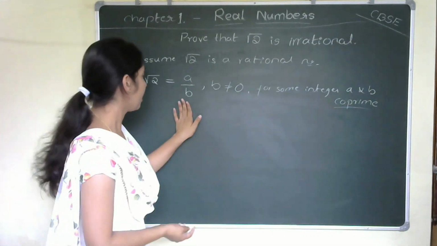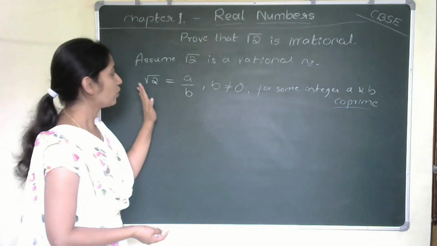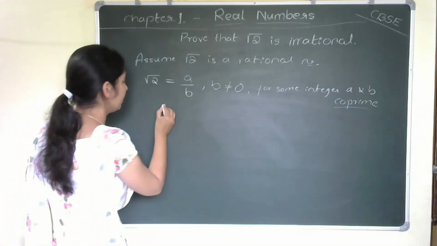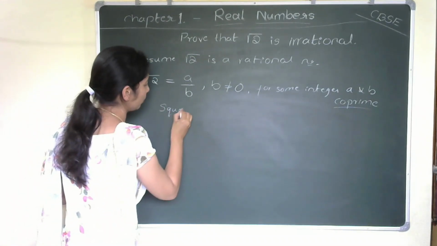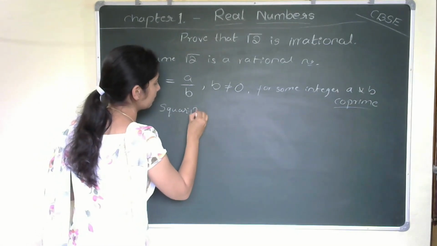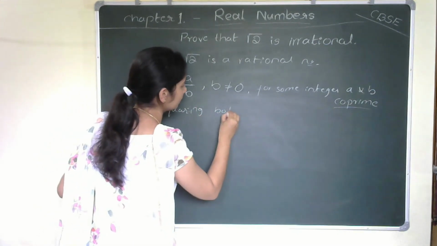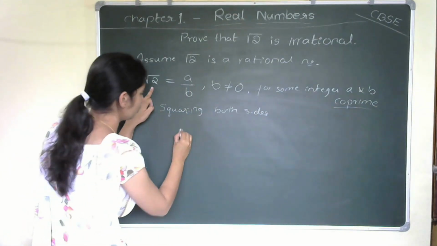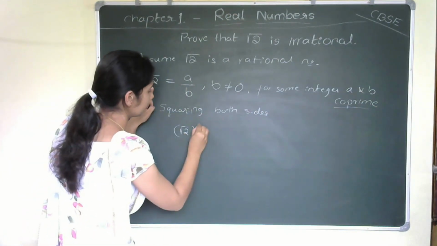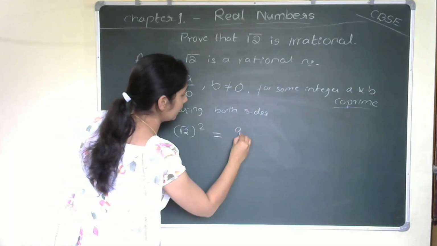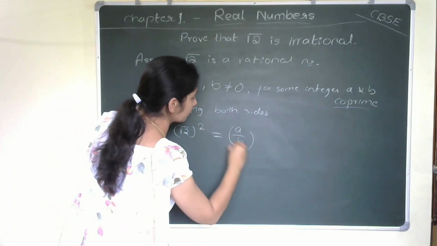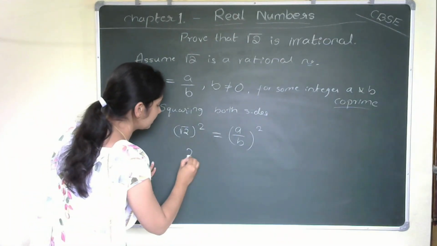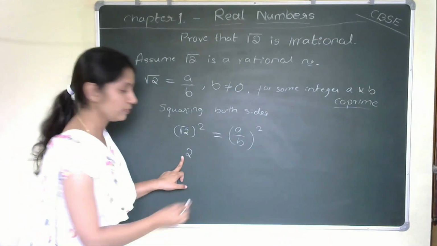Okay, now we can go for the solution, squaring both the sides. So root 2 square equals a by b square. The next step, root 2 square means it is 2 only now.